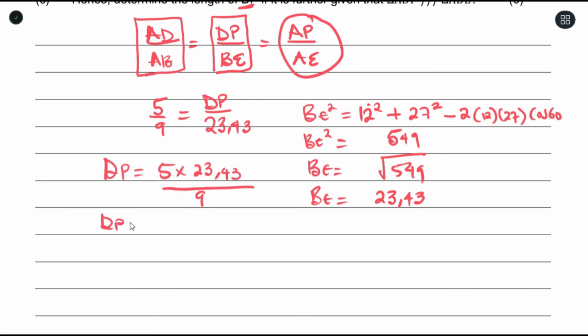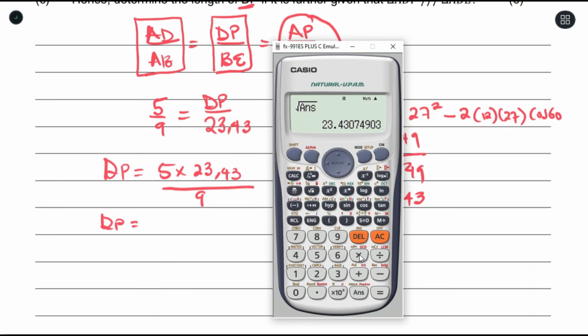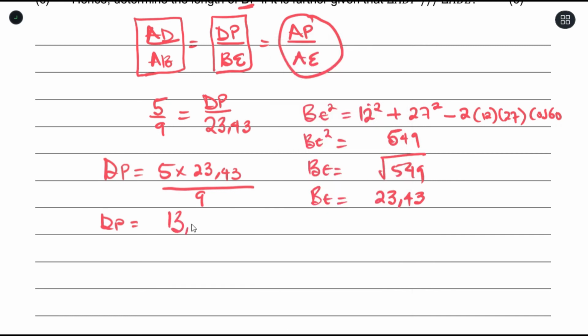So we're multiplying this answer by 5 and dividing it by 9. So this here would give you 13,02. So DP will be 13,02 units. Okay, and this here will be your answer.